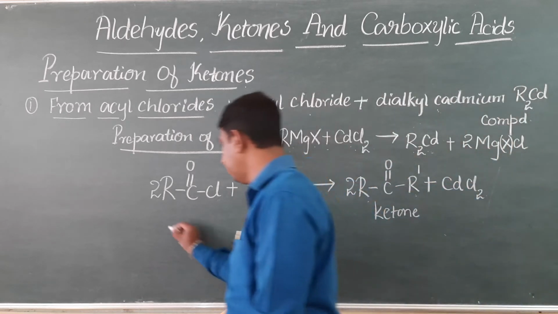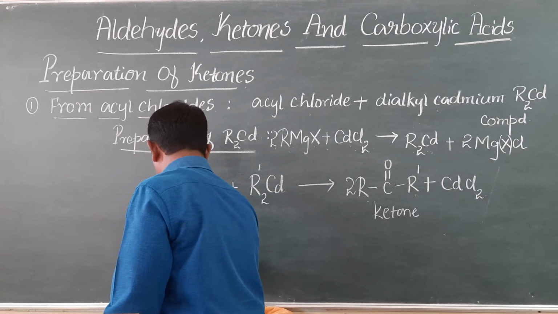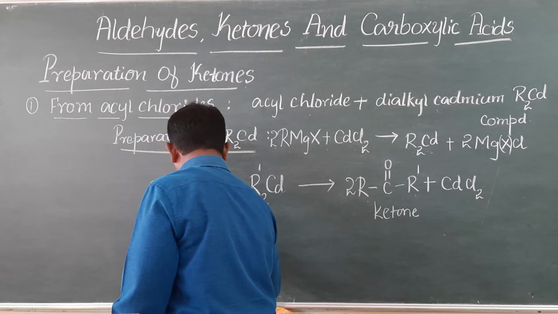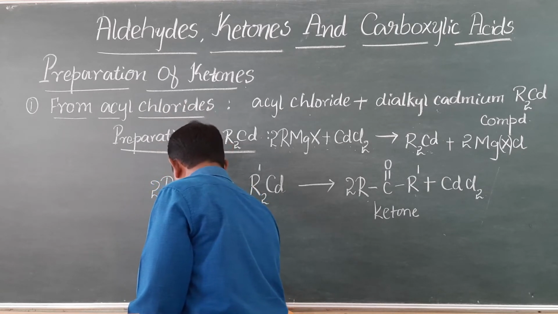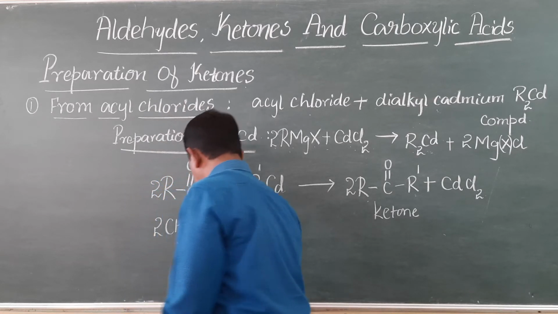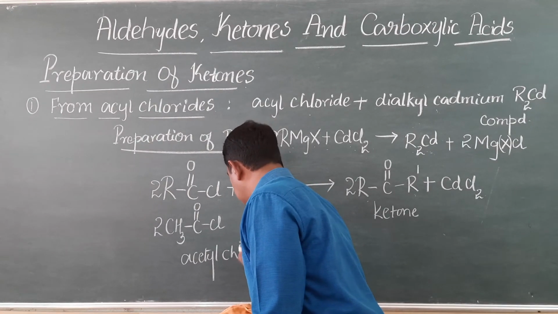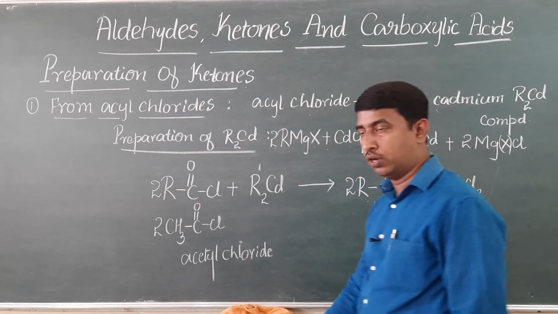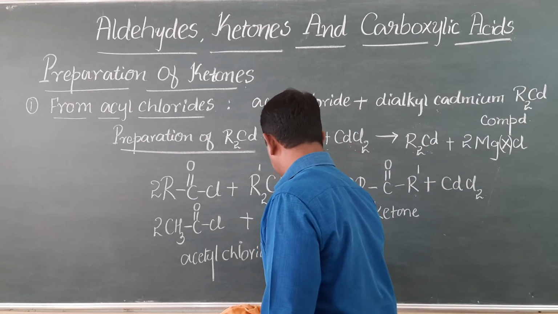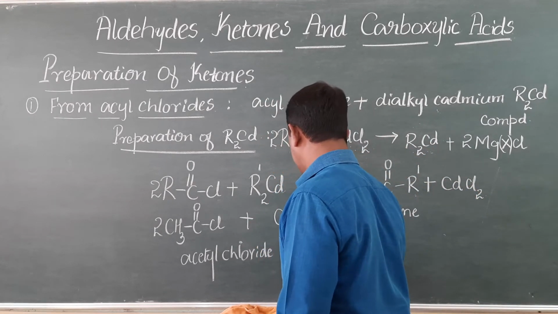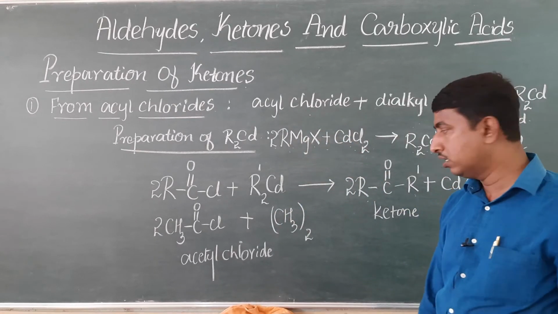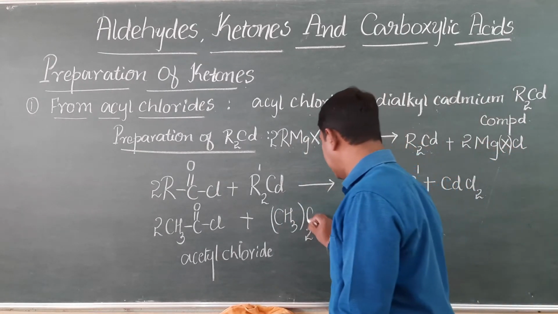For example, 2 molecules of CH3COCl. What is this? It is named as acetyl chloride. Acetyl chloride treated with, in the place of R dash, I will take CH3 twice. It is dimethyl cadmium.